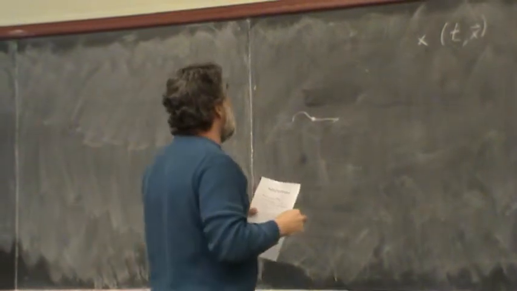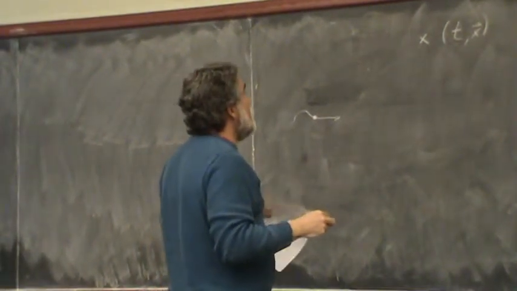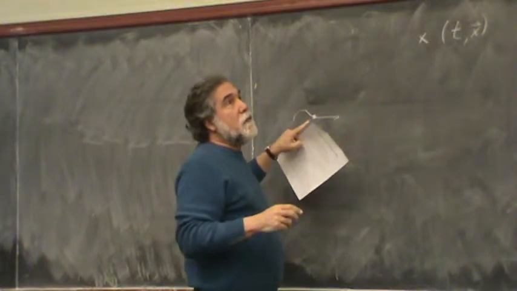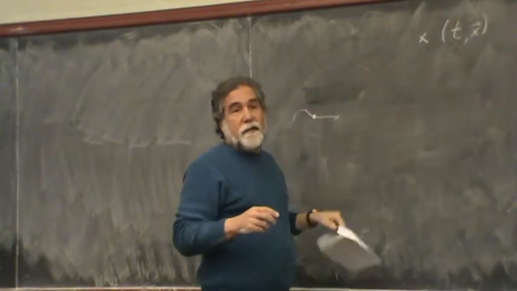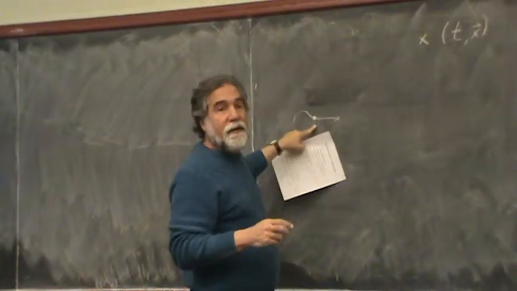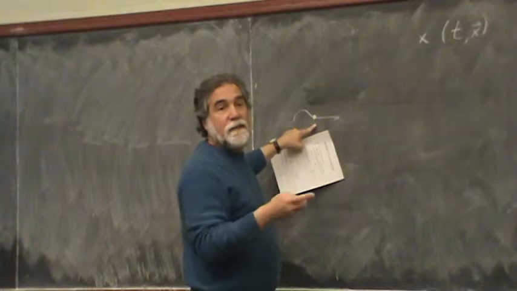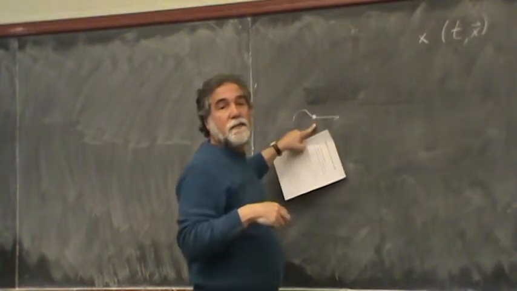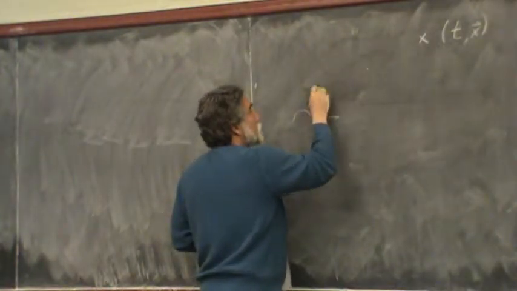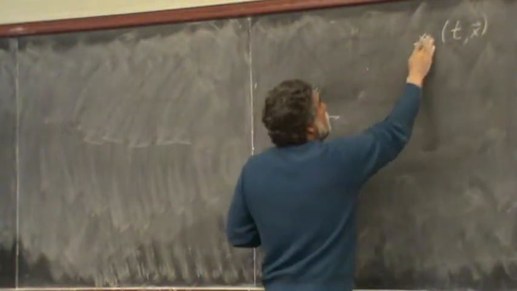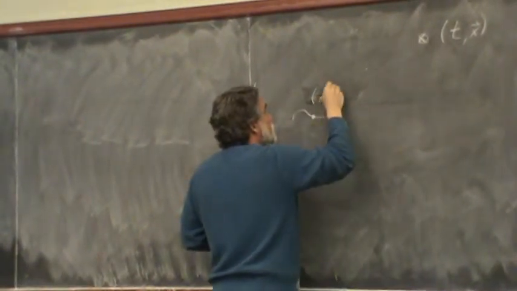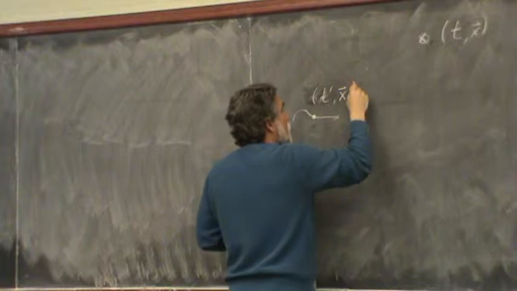The radiation that arrives over here had to have left this point over here at a different time, because it takes time for the signal to arrive. So I'll call that point there the source point. I'll call that t prime, x prime.